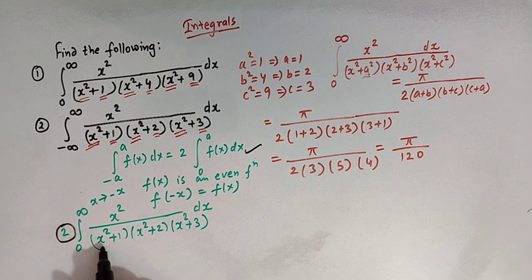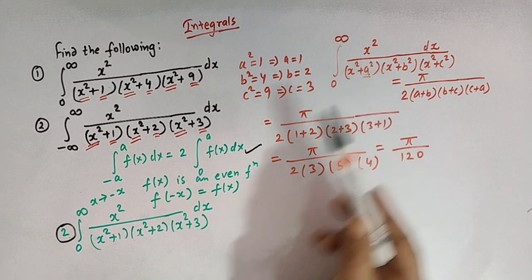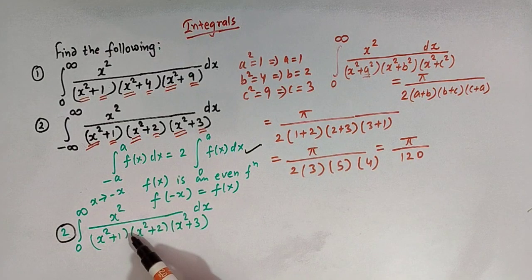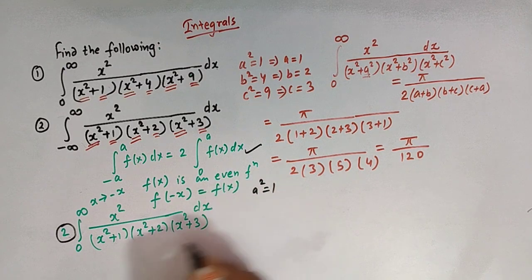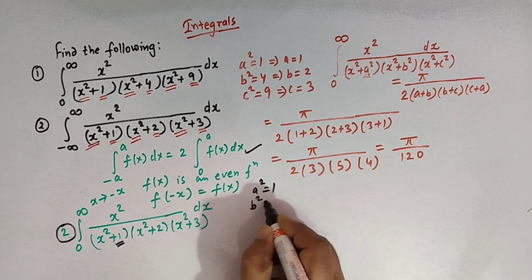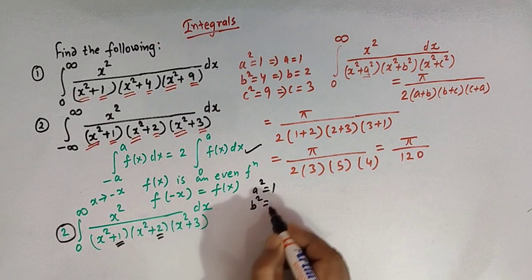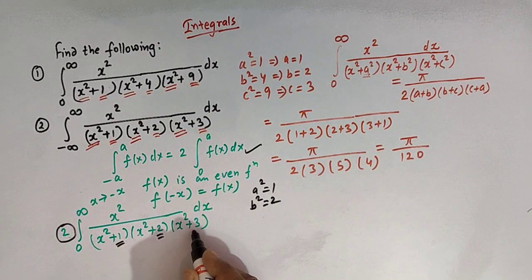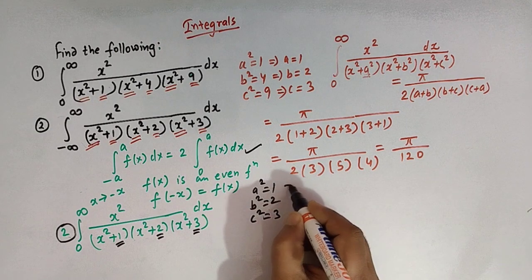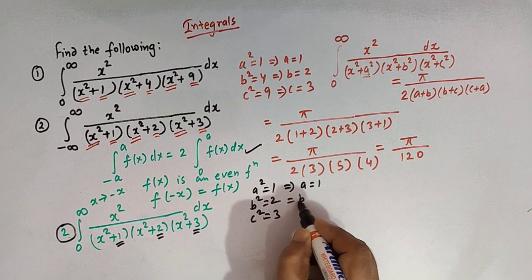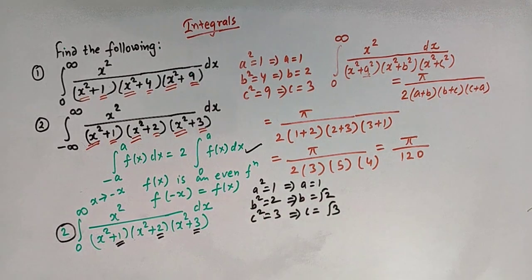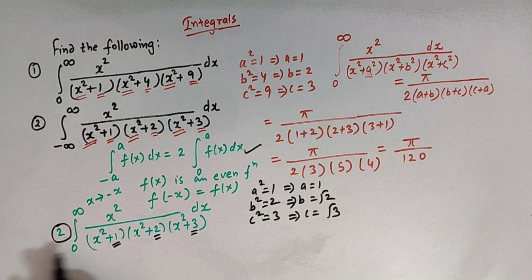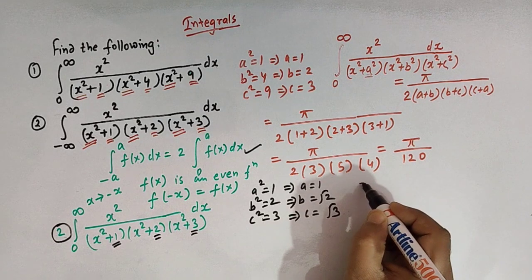Now this integral is similar to the general one. Comparing, a square is 1, b square is 2, and c square is 3. So a is 1, b is square root of 2, and c is square root of 3.